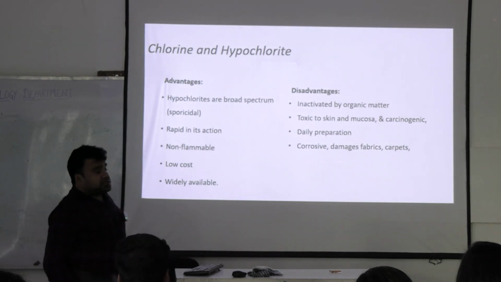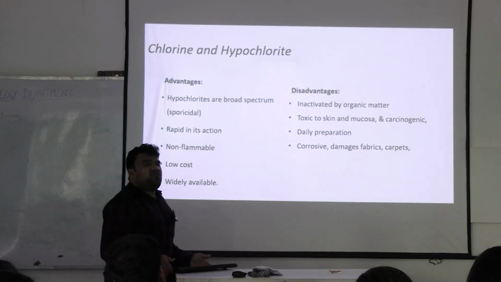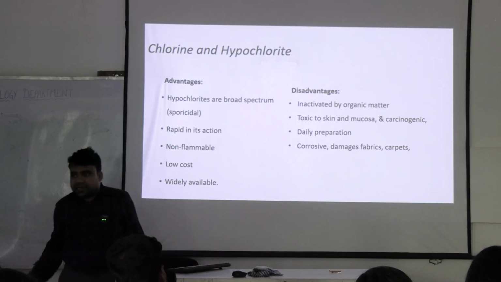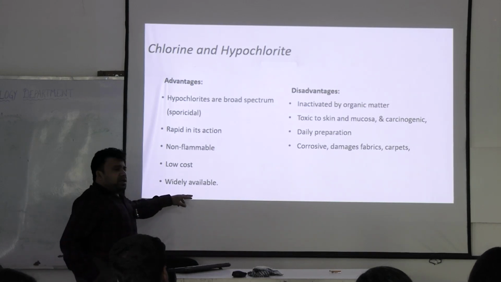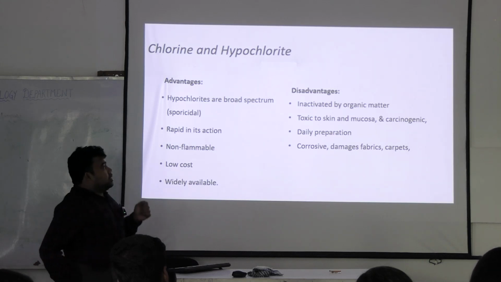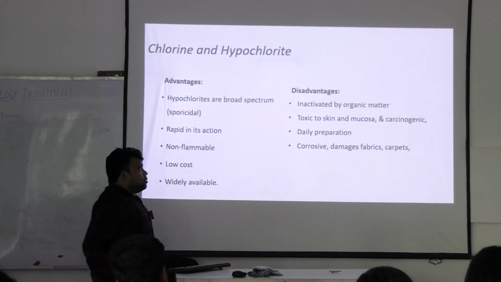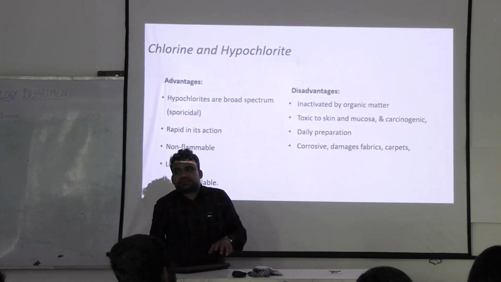What are the advantages? They are broad spectrum, rapidly acting, non-flammable. Unlike alcohol, you can store it, you can handle it easily, and it is widely available and very cheap. These are the biggest advantages. Disadvantages that you should know: it is inactivated by organic matter.